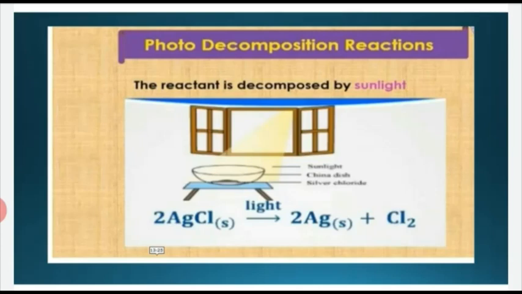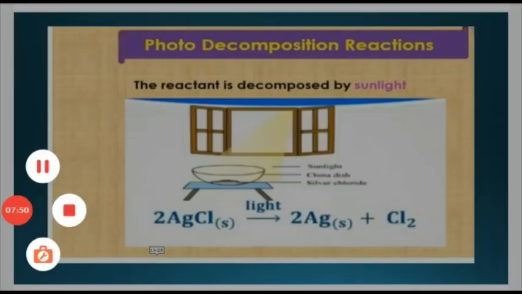For example, when silver chloride is exposed to light, it breaks down into silver metal and chlorine gas. As the decomposition is caused by light, this kind of reaction is also called photolysis. 2AgCl, which gives 2Ag plus Cl2.